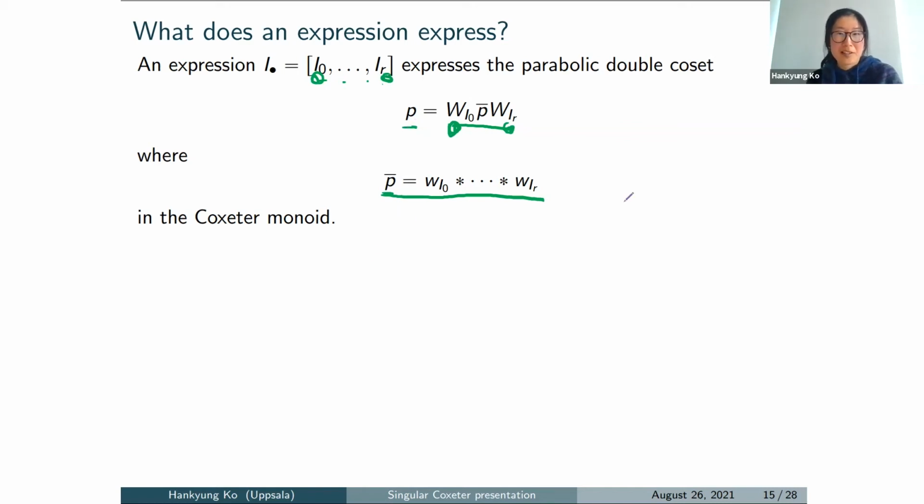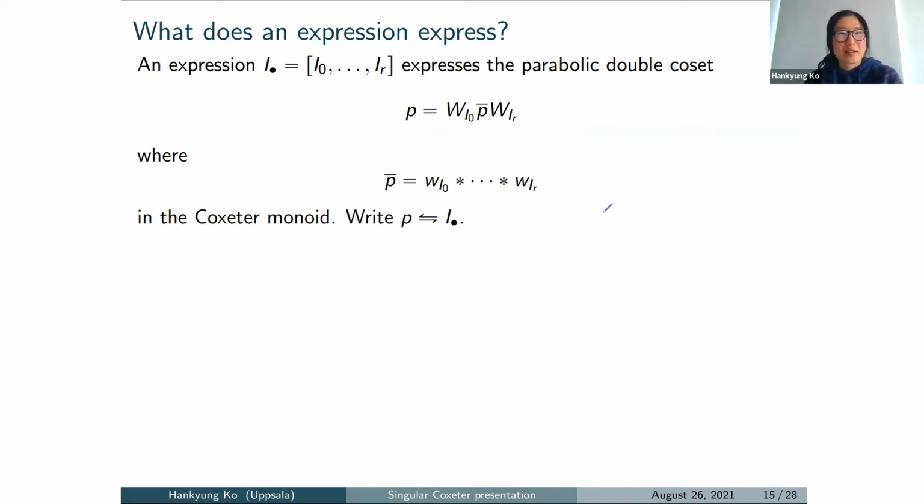And this, so I wrote P bar or overline P here, and this is compatible with what I said about longest element. So if you take this product and get the parabolic double coset, then this element is the longest element, the unique maximal element in this parabolic double coset.